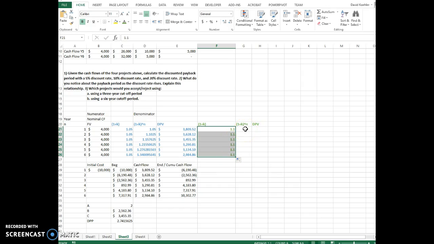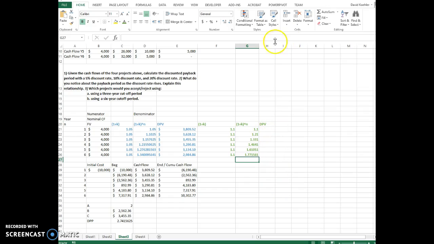So 1 plus k to the nth power is going to be equal to this. And n is 1 in this case. Here we're doing equals this cell, this guy, 2. And now that we've told Excel what we want the formulas to do, we'll pull them down.